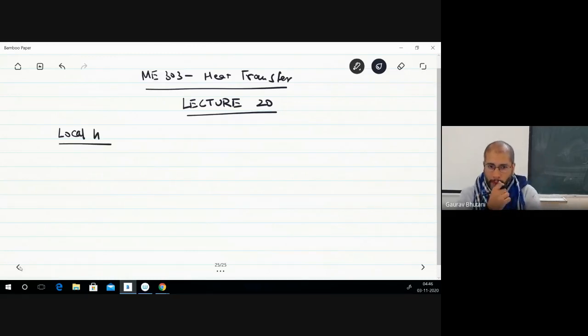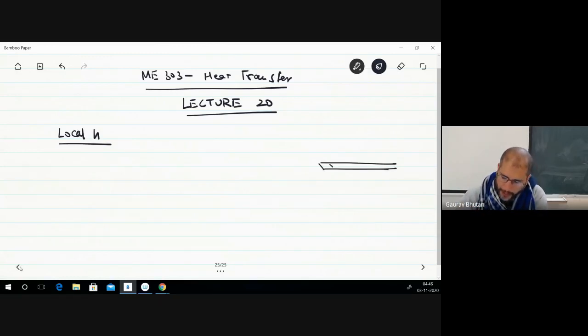So the term local means that it is at a given position, at a given x position. Okay, like you had instantaneous that talks about a particular time rather than an average. So we use the word local to localize the value of h as a function of a particular spatial point.